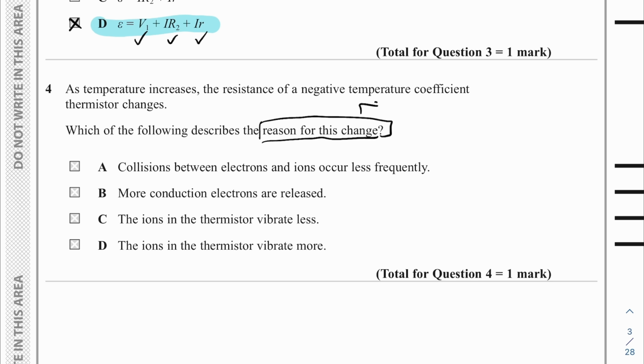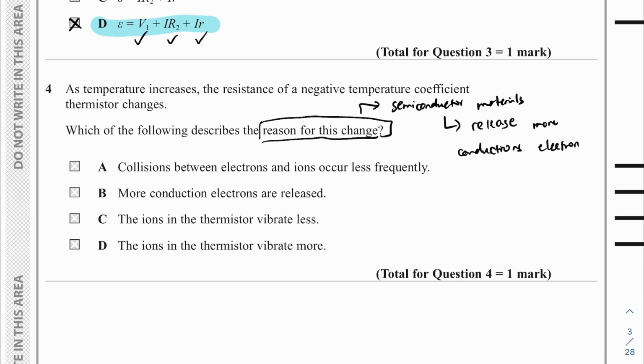These thermistors are made out of semiconductor materials. And why is this important? This is important because semiconductor materials release more conduction electrons as temperature goes up.